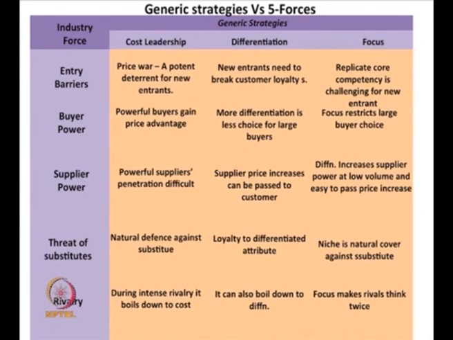So, the generic strategies of Michael Porter comprise 3 options that are available for organizations. And they have to choose, and it is better that they choose only one of those, either be a cost leader or be a differentiator or be a focused product or service provider.